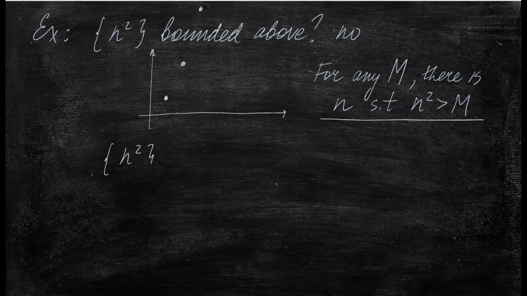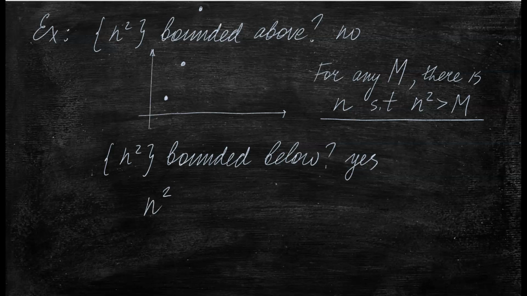However, is it bounded below? The answer is yes. How so? Because n squared is always greater than or equal to 0, so it is bounded below by at least this value, 0. Let's do another example. How about this sequence?